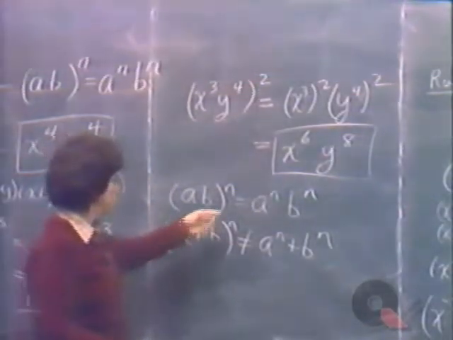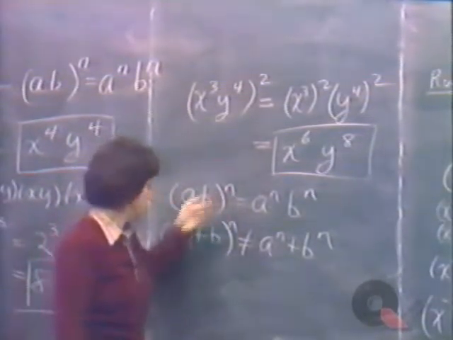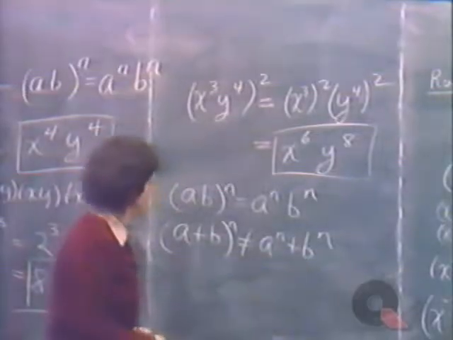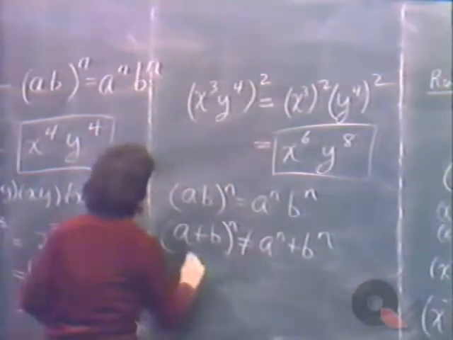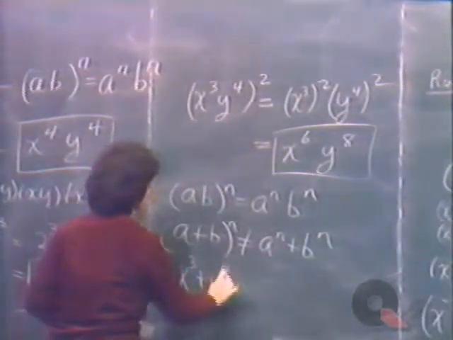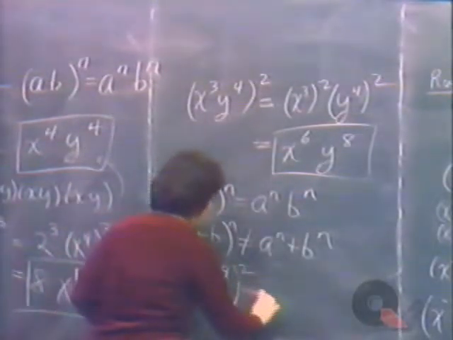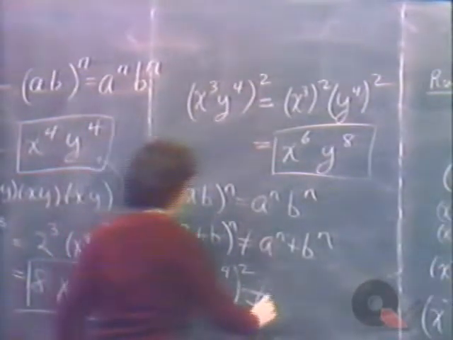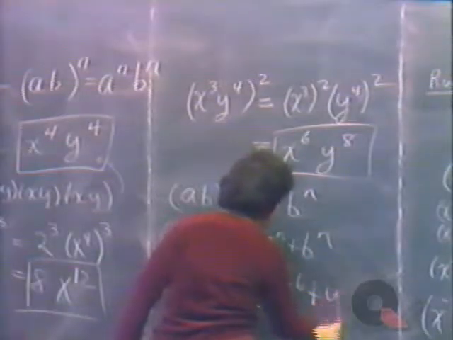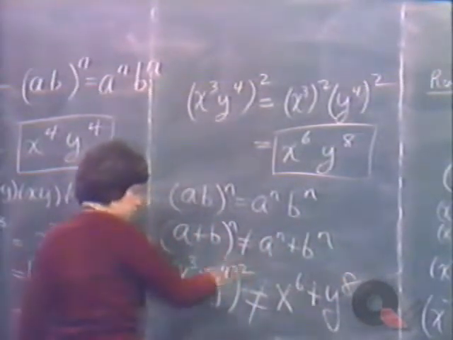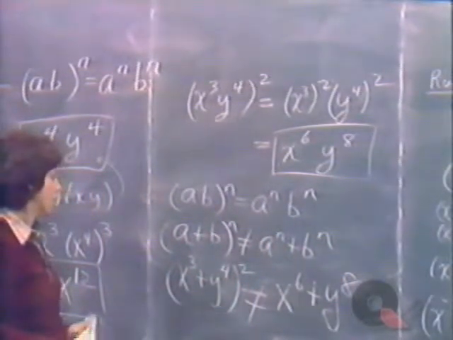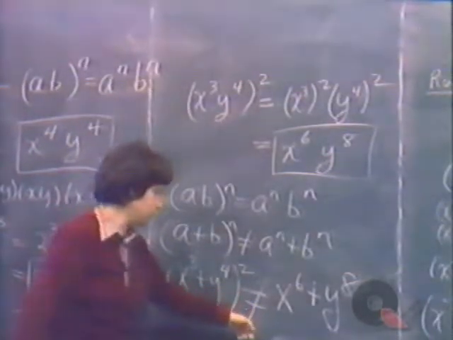You distribute the powers through the multiplication, but not if it was an addition. For example, if this had been (x cubed plus y to the 4th) squared, it would not be x to the 6th plus y to the 8th. You can't just send it across like that. Okay? This will be handled in a future videotape.